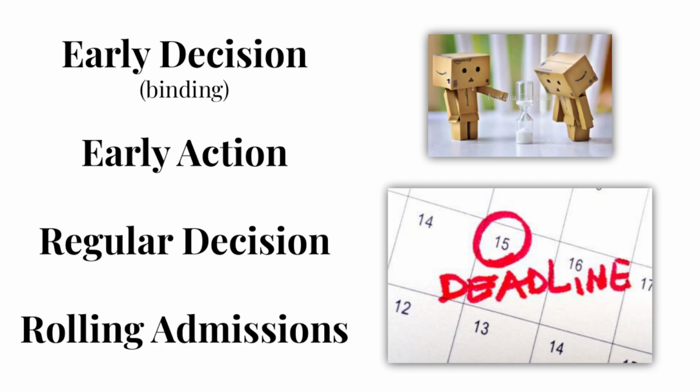Early decision means that regardless of what it costs to go to that school, if you are accepted, you are going to go. So if there's a $70,000 price tag on that tuition, and you are accepted into the school and you don't get financial aid, you are bound to go to that school.